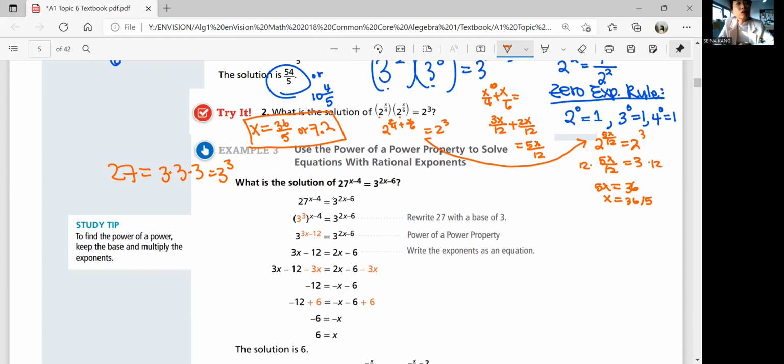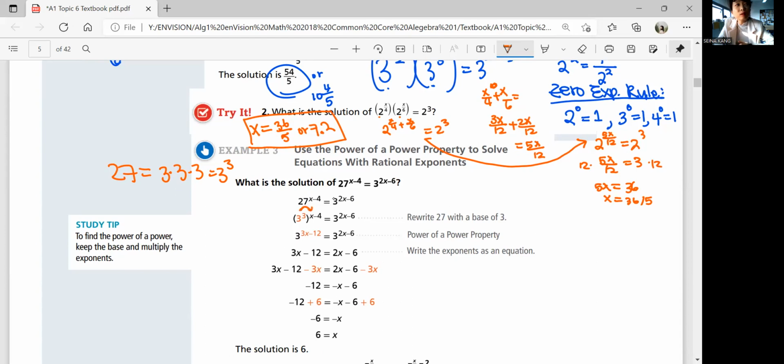So 3 cubed, parentheses, to the power of x minus 4 is equal to 3 to the power of 2x minus 6. And so you can use the power property to multiply your powers and get 3x.